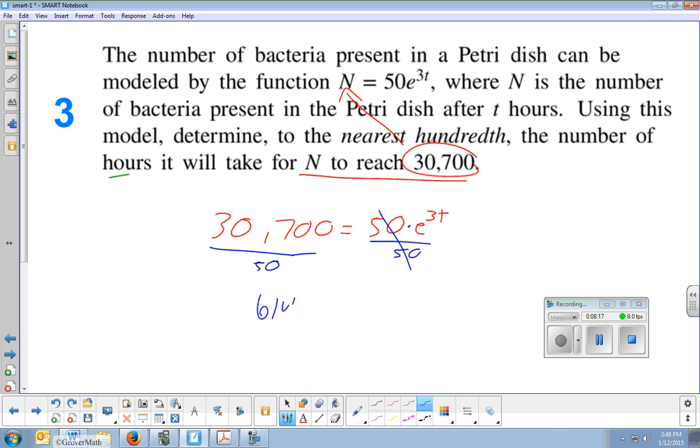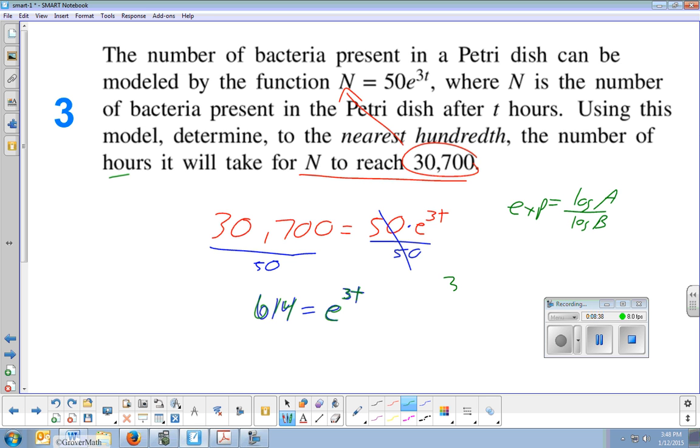So 614 equals e to the 3t. Now that I'm down to a base of e, an exponent of 3t, and an answer of 614, now I can use my formula of an exponent equals log a divided by log b. Log answer divided by log base.